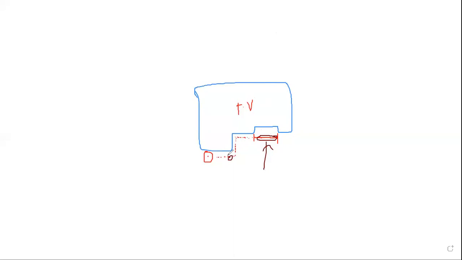Here, one feed rate will be maintained. As soon as it senses there is an air gap, it will increase the feed rate. Why? Because there is no machining being performed, and the tool has to go here, right? So it will increase the feed rate. In your conventional system, you cannot change the feed rate dynamically, but the adaptive system will. Whenever it senses air gaps and senses that there is no machining being performed, it will increase the feed rate. So this is just one example, the air gap.